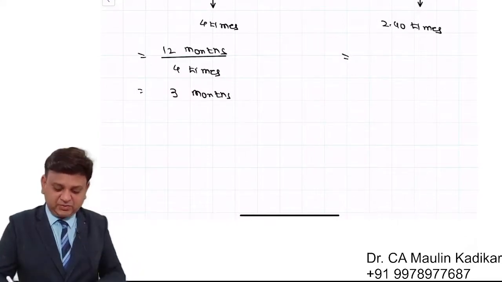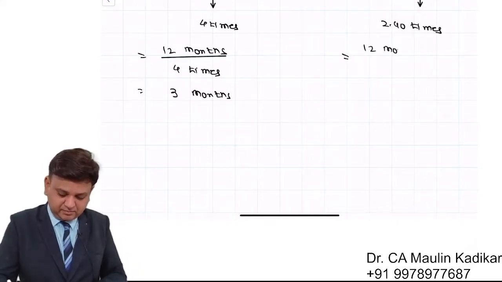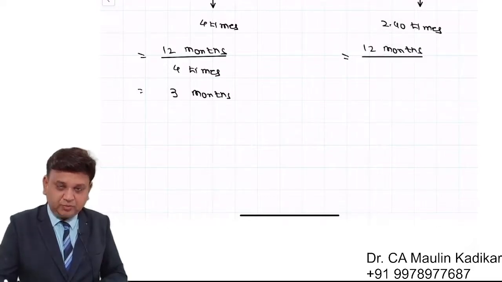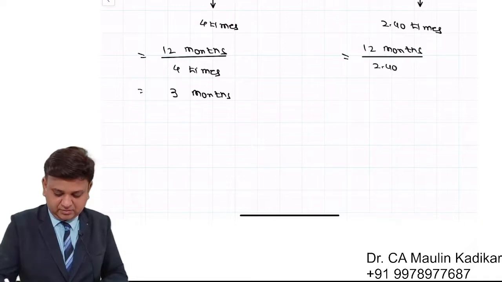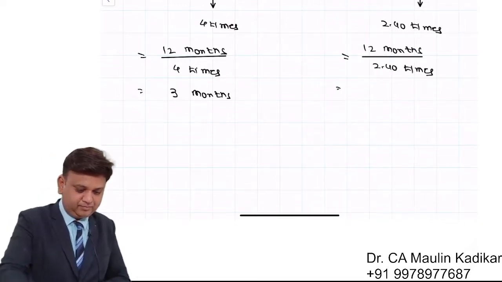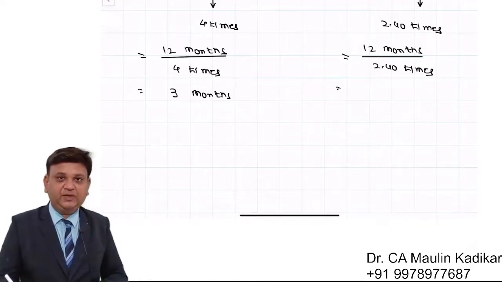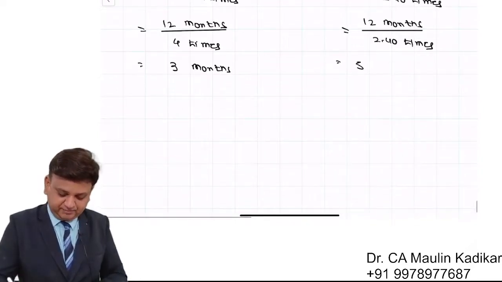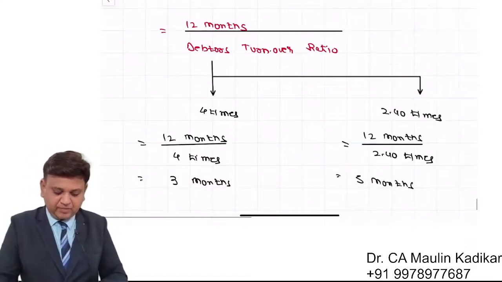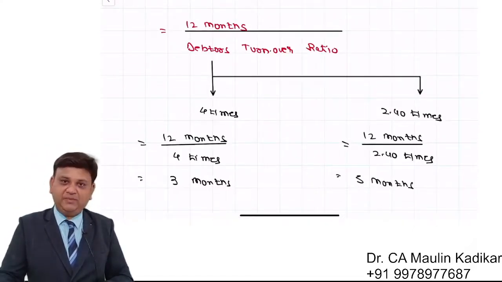Again, on this side it is 12 months divided by 2.4 times, so the answer would be 5 months. That is the way the average collection period will be calculated.